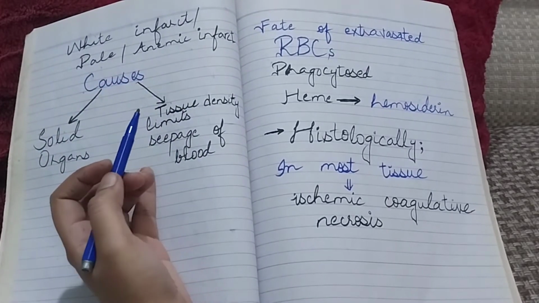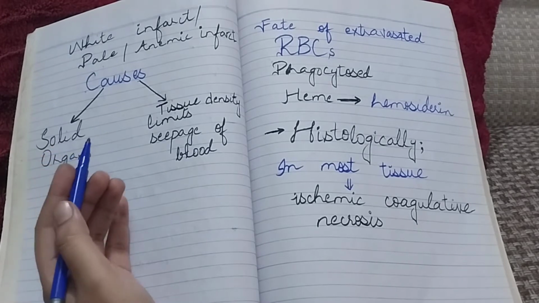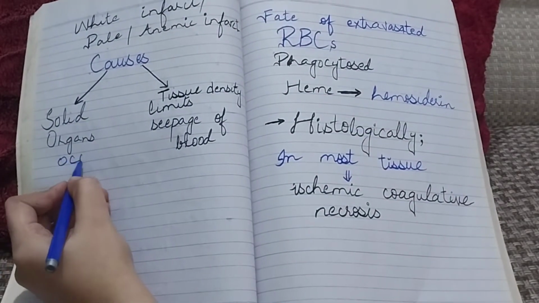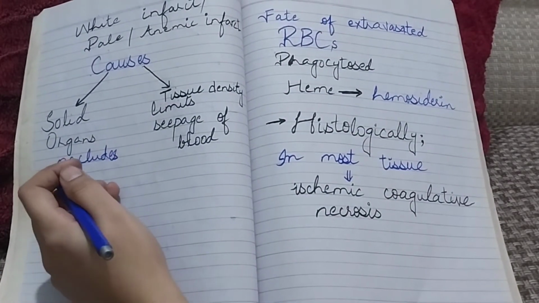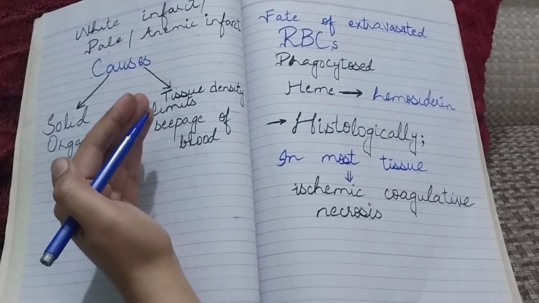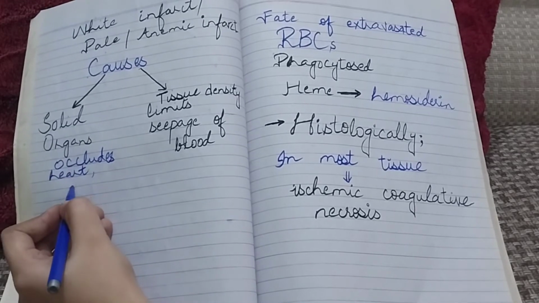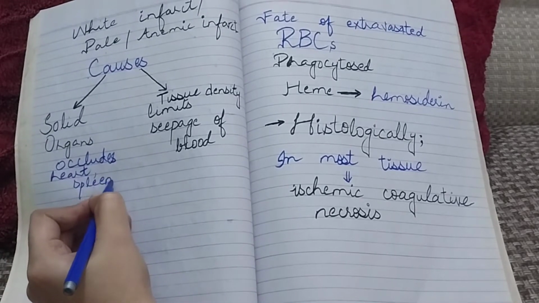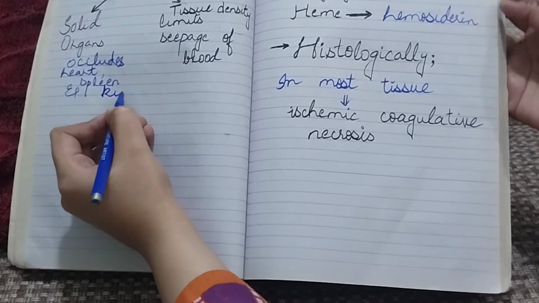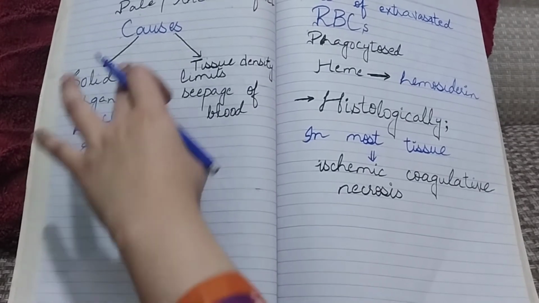Basically, two major causes where white infarct occurs: number one is if arteries occlude in solid organs that have an arterial circulation, like we have heart, spleen, and kidney, then due to this arterial occlusion, white infarcts occur.